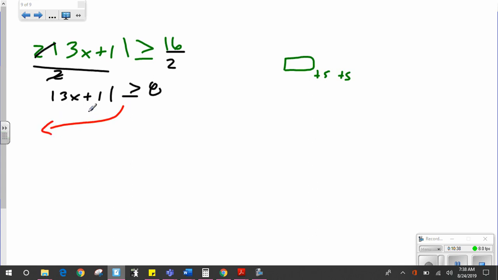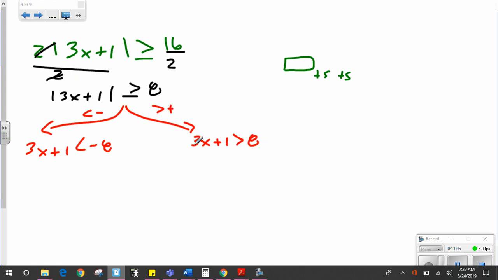Track 1 is the less than track when it's or. So 3x plus 1 is less than the negative, negative 8. Track 2 is the greater than track, so 3x plus 1 is greater than the positive version.